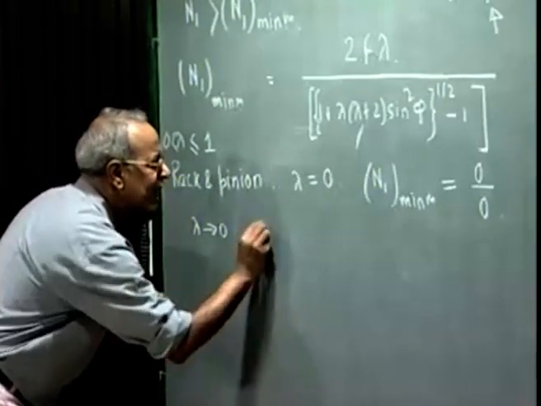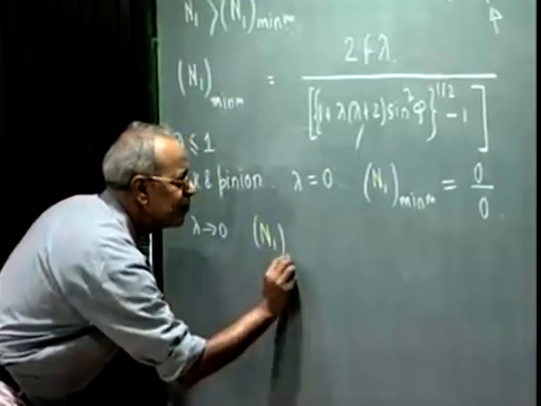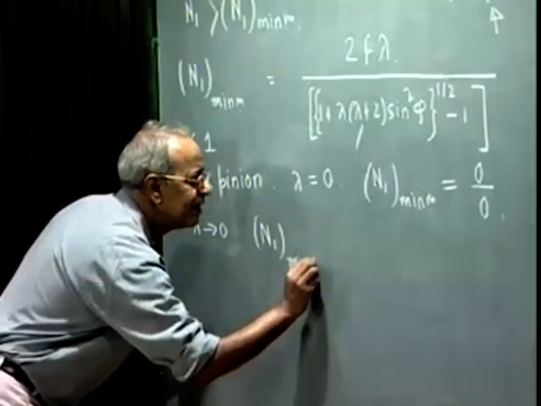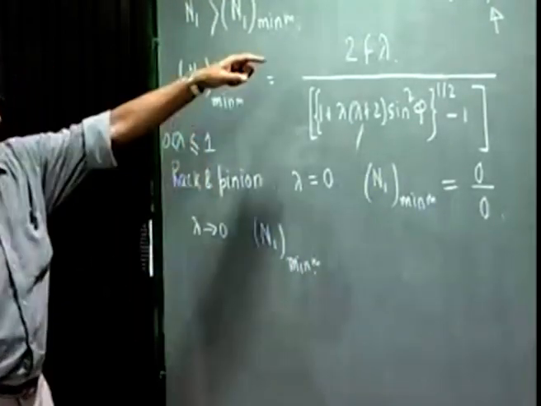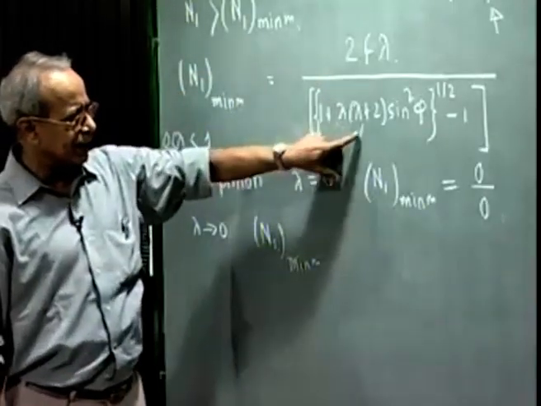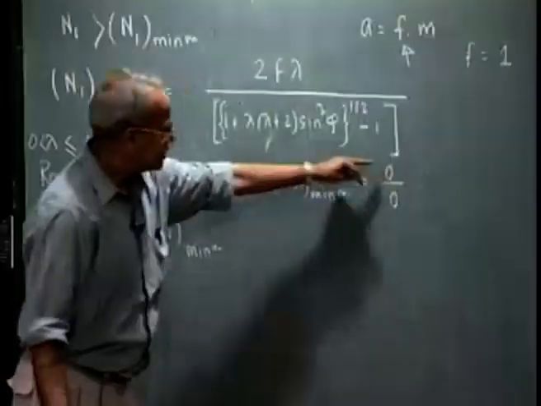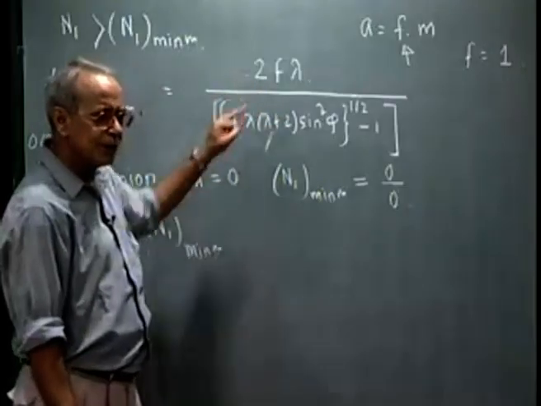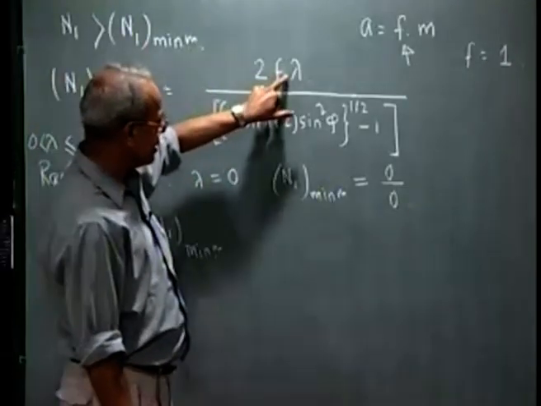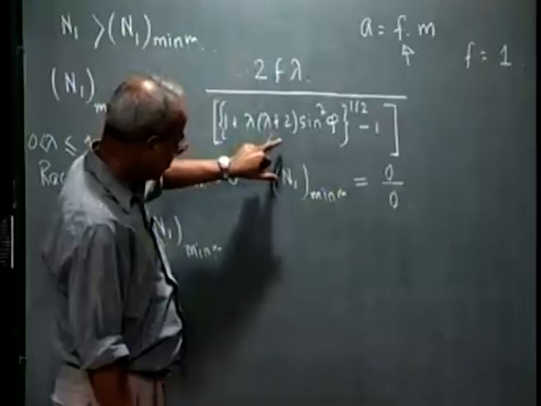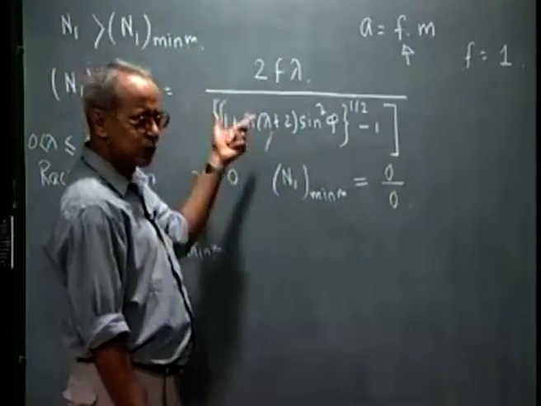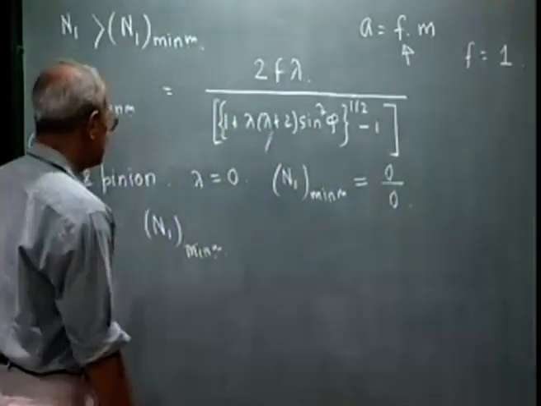So, for rack and pinion, I can get N1 minimum by taking the limit of this expression as lambda tends to 0. Because it is of the 0 by 0 form, I can use L'Hopital's rule. That means differentiate the numerator with respect to lambda, the denominator with respect to lambda, then put lambda equal to 0 and see what is the limiting value.